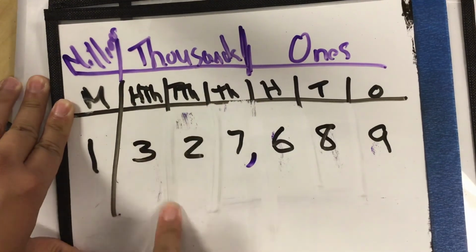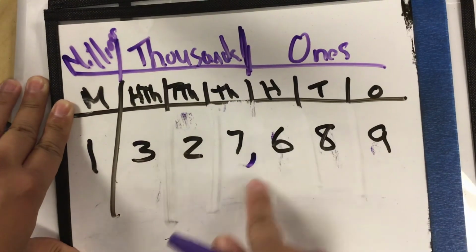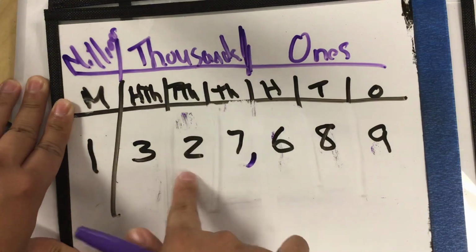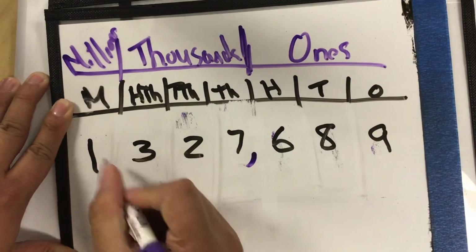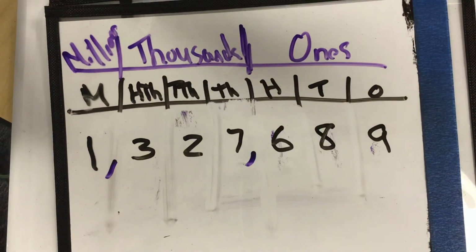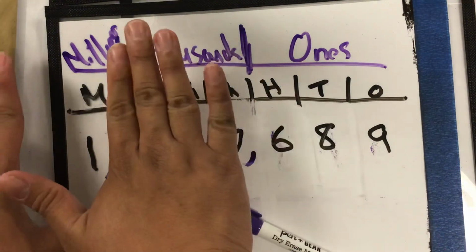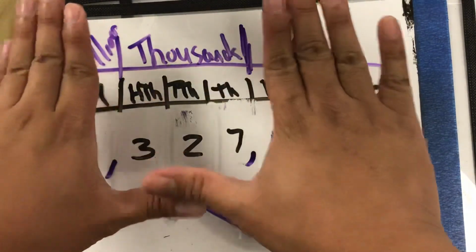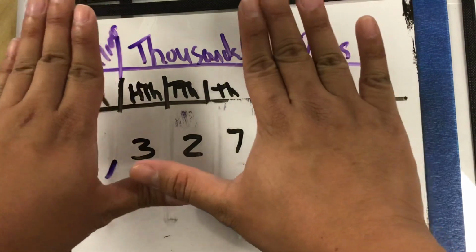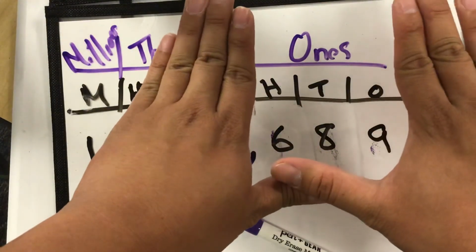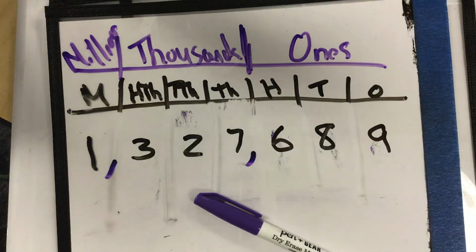Okay, so now there's 1, 2, 3, comma. 1, 2, 3, comma. Now let's read this number and see if we can read it correctly. We have 1 million, 327,689.